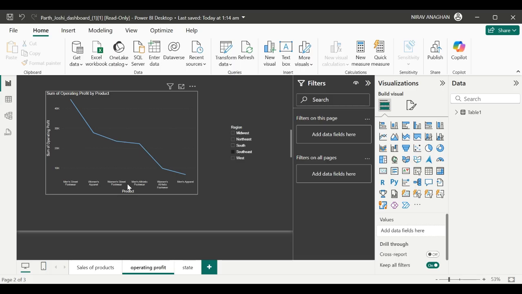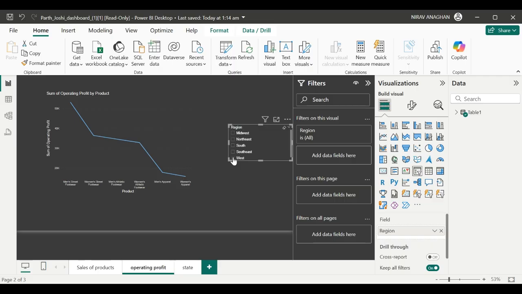By using these various tools of Power BI, we can analyze and draw insightful information from simple looking data very easily. In the western region also, men's street footwear has the highest selling, and women's apparel has the lowest.